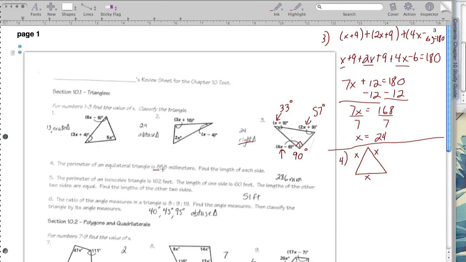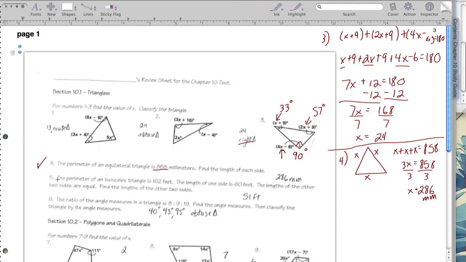The total is going to be 858, so I can say x plus x plus x equals 858. The x's are all like terms, so that's 3x. 3x equals 858. Divide by 3, x then equals 286. And this is millimeters. Okay? That's the length of each side for number 4.